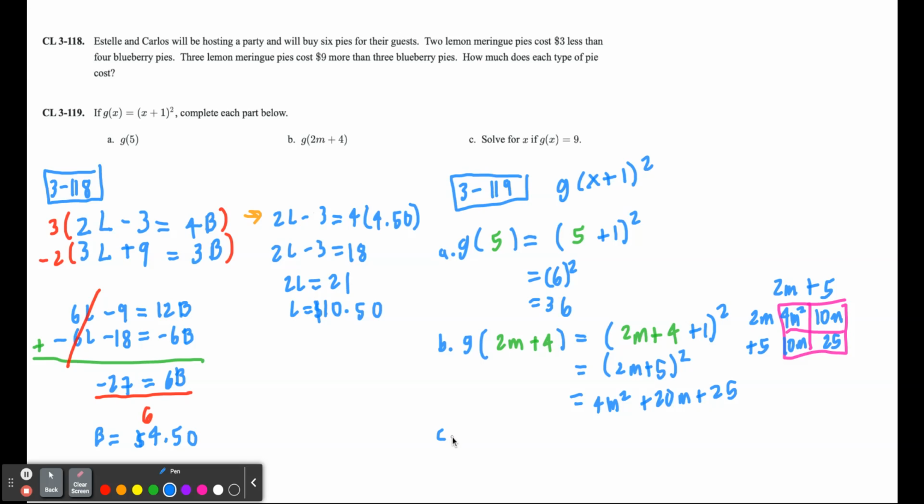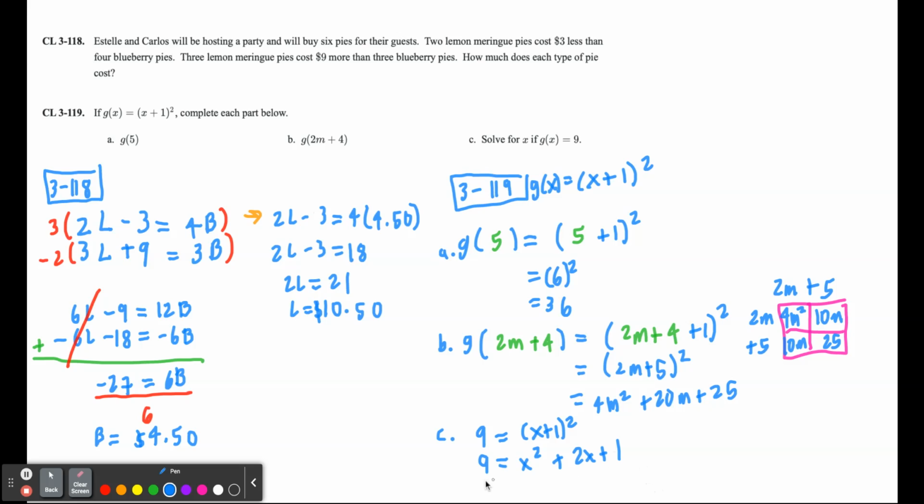And then for the last one, it says when g of x equals 9, so when, oops, I wrote this wrong. So then you set 9 equal to x plus 1 squared, and then you do the area model there, and you'll get x squared plus 2x plus 1.